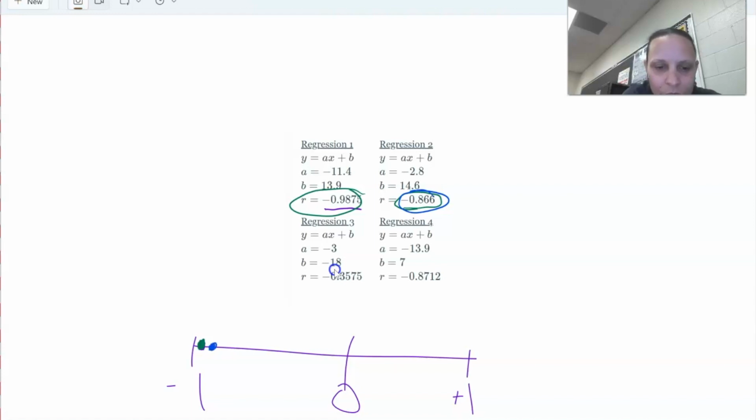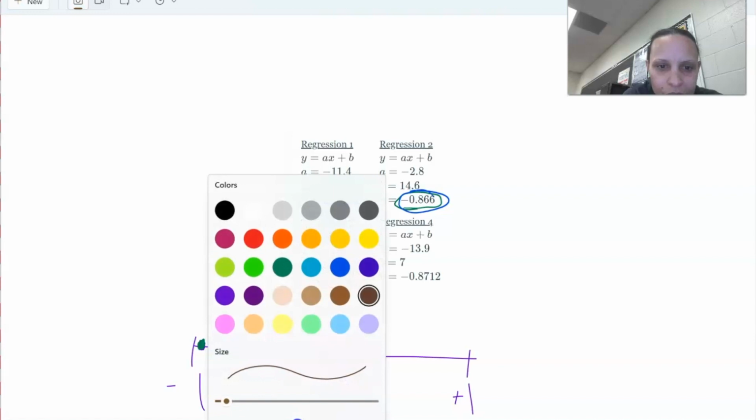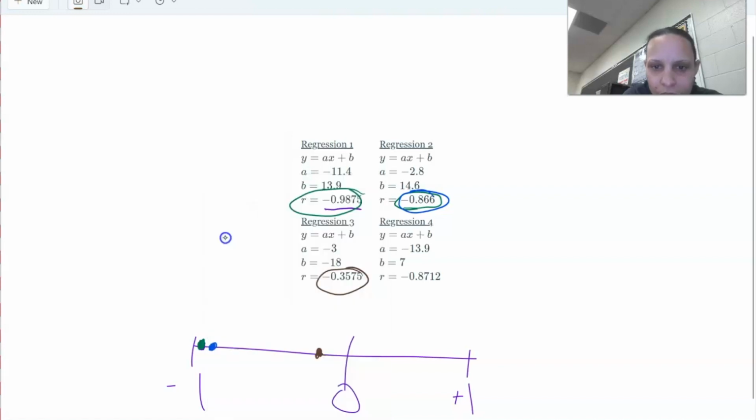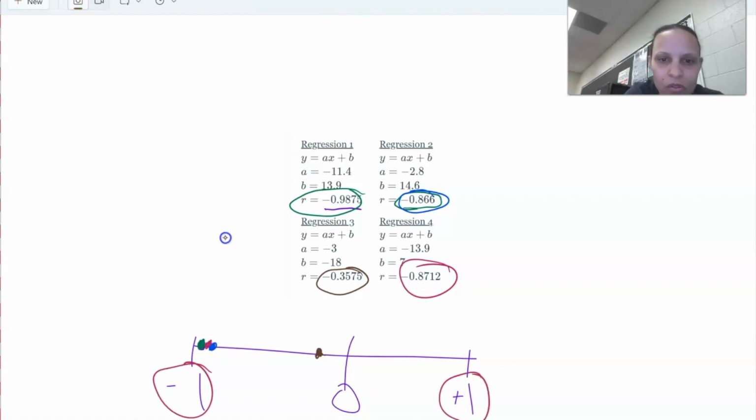Next one, let me code this one brown. -0.3, so that's closer to here. And then let me code this one -0.7. This one's closer than that, so it's over here. Which one is closest to either -1 or +1? It's going to be this green dot, which is this. And that's how you're doing it.